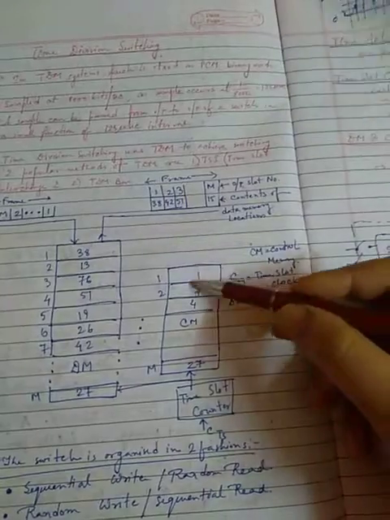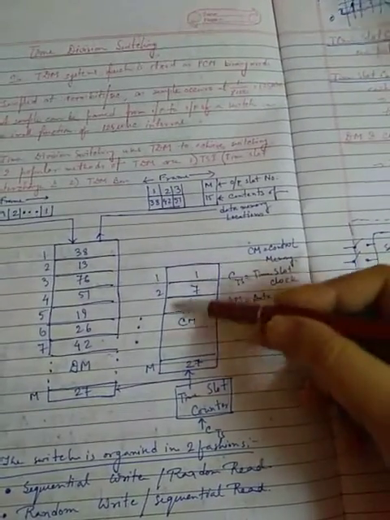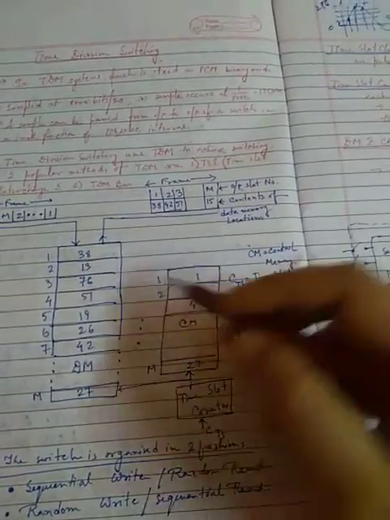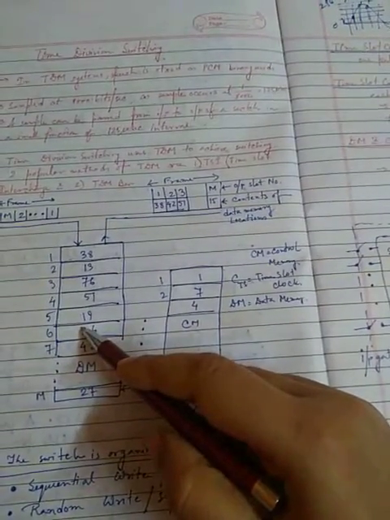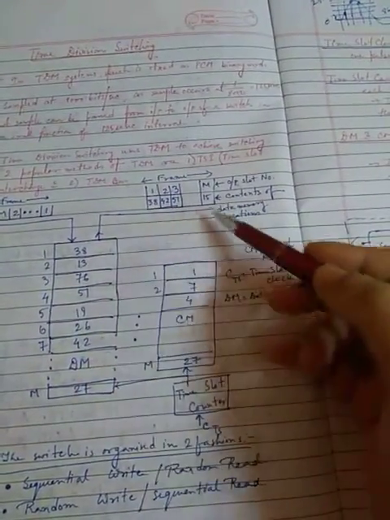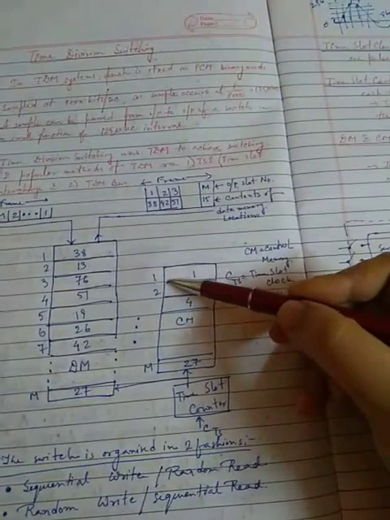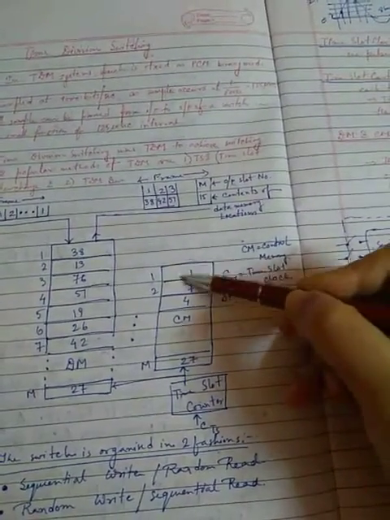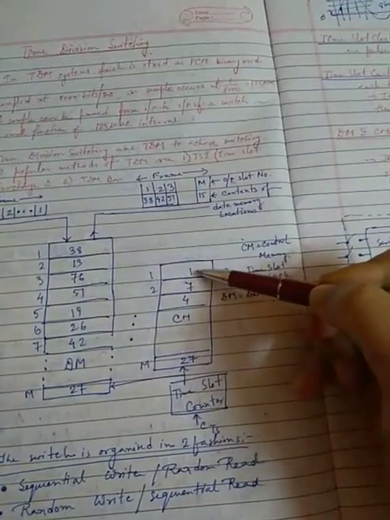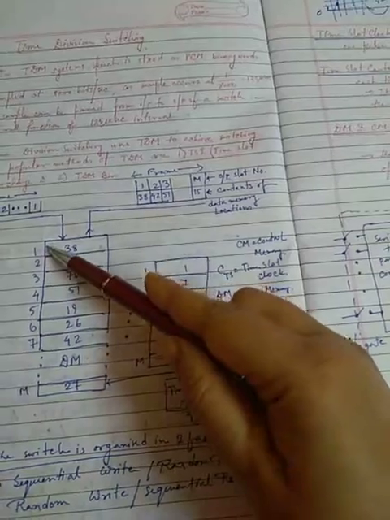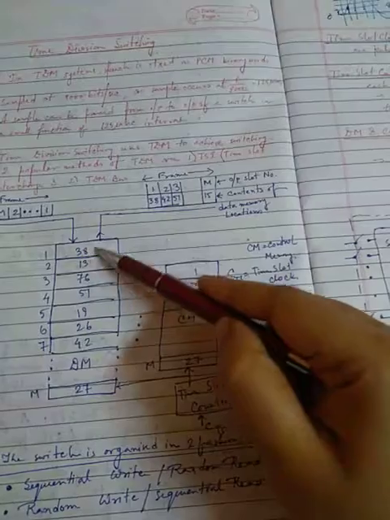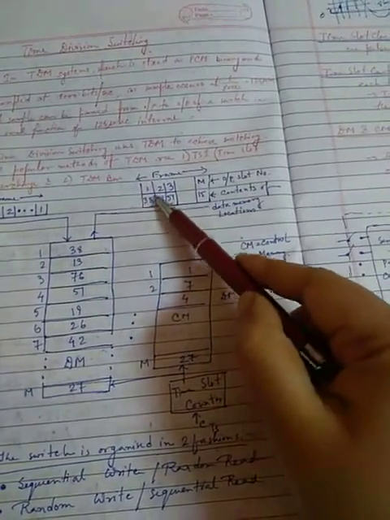So from here we can say that the contents of the control memory act as the address of the data memory, and the data is read out from this data memory to the output trunk. That is, 1 is written as 1. So this content will be the address of the data memory. So I will look into address number 1. What is the content here? That is 38. So that 38 will come out at the first time slot.